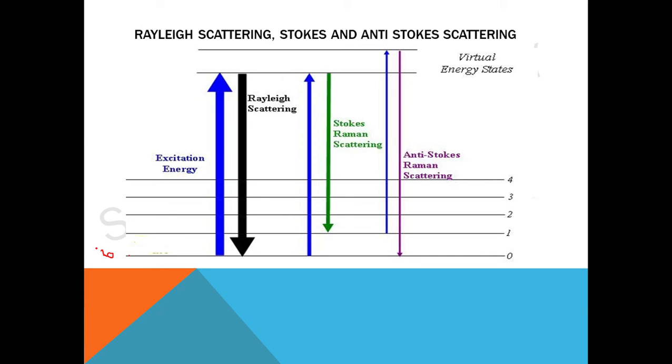When they interact with the matter or electrons, these electrons get some disturbance and become unstable, so they start to jump from the lower energy. If they get more energy, they will start to jump to another level. Is it clear?